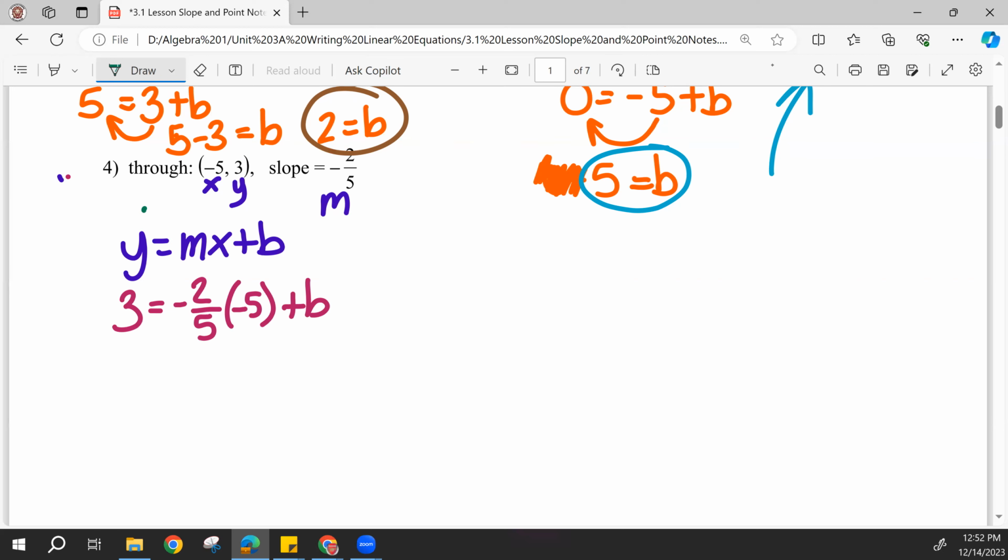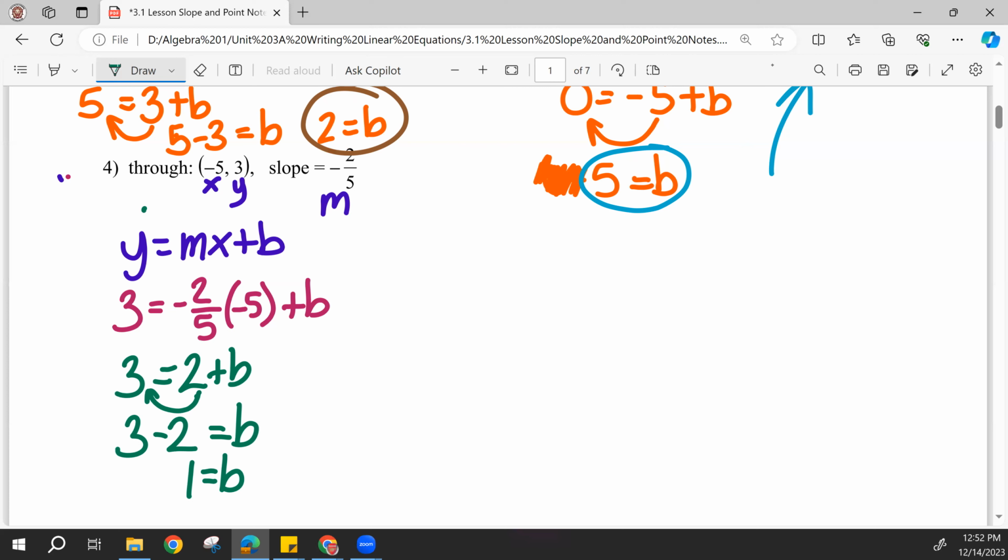Negative 2 over 5 times negative 5 is positive 2. I'm going to move my positive 2 over. When that positive 2 moves over, it becomes minus 2. And so I get b to be equal to 1.